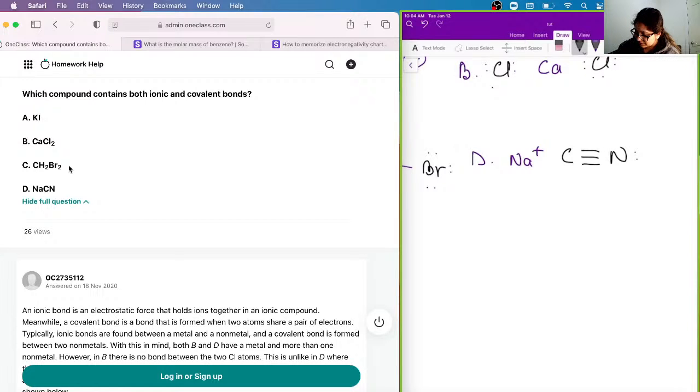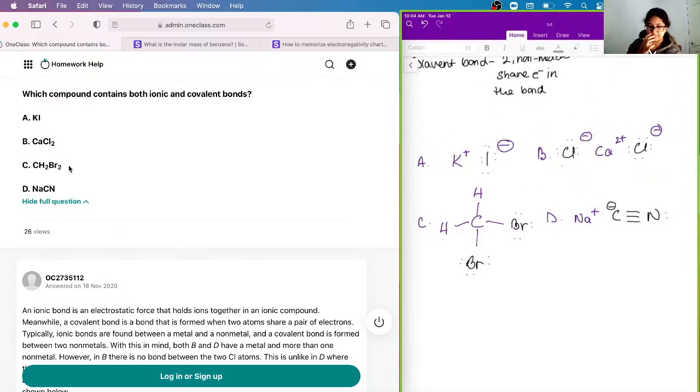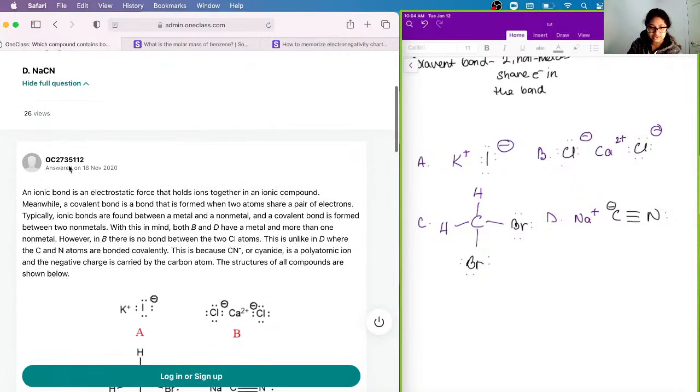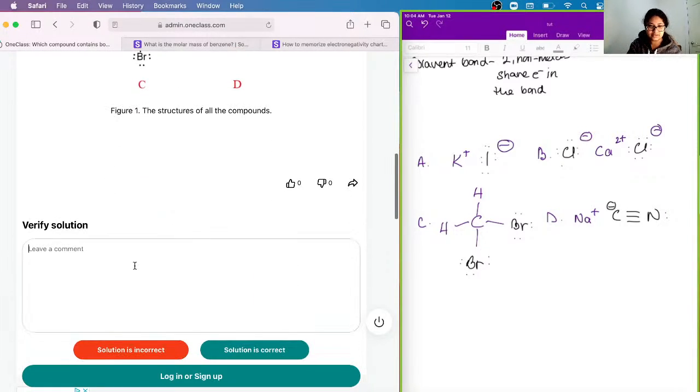Nitrogen has two lone pairs, and this is your negative. So these are the 4 compounds that we have, and so the answer here is correct.